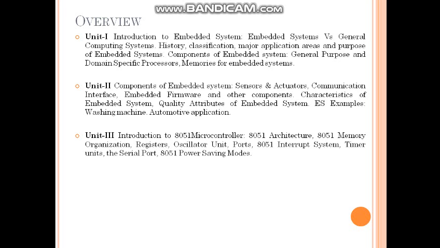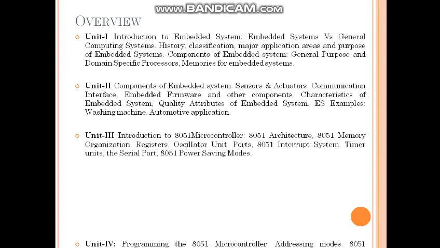We discuss the introduction of 8051 microcontroller along with its architecture, memory organization, registers, oscillator unit, ports, 8051 interrupt system, timer unit, serial port and the power saving mode of the 8051 microcontroller.